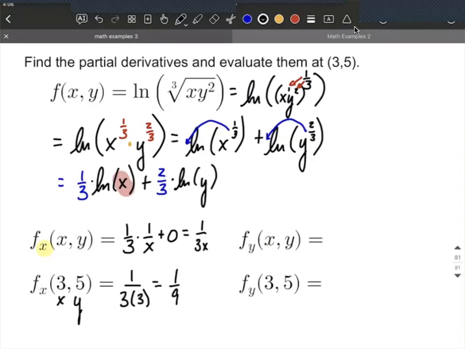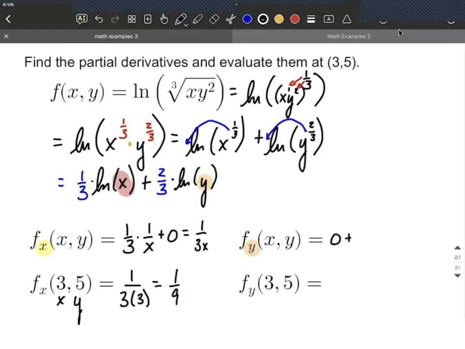Not too bad. Next, we want to do the partial derivative with respect to y. Well, we only have y in this one spot. So this shouldn't be too bad either. That whole first term, the 1/3 times natural log of x, its derivative is simply going to be 0, because we're treating that as a constant since y is being treated as our variable with this partial derivative.